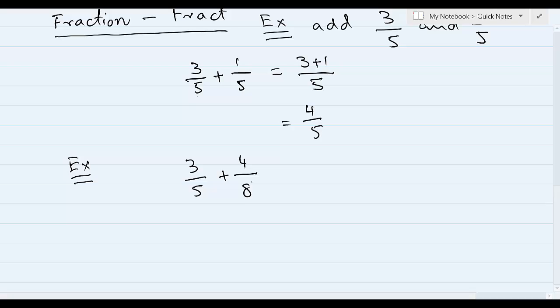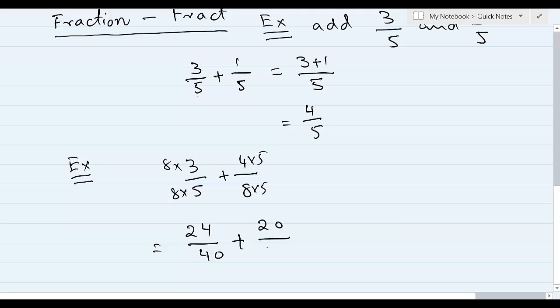If the denominator is not the same, we have to make the denominator the same by multiplying this side with 8 and this with 5. So the equivalent fraction would be 3 times 8, 24 over 40, plus 4 times 5 will be 20 over 40.